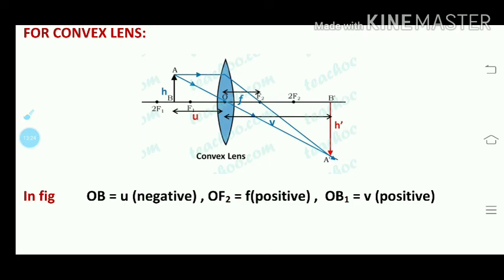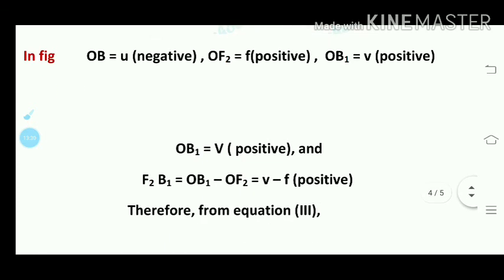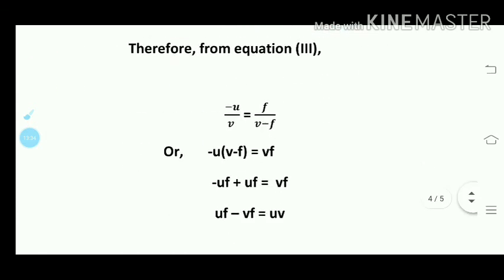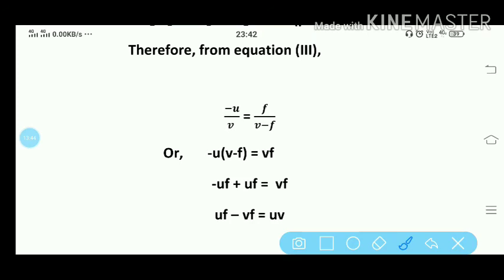Substitute the value of OB, which is equal to minus U, OF2 is equal to F, and OB1 is equal to V in the third equation. We get minus U by V is equal to F by V minus F. And when we simplify it, we'll get UF minus VF is equal to UV.